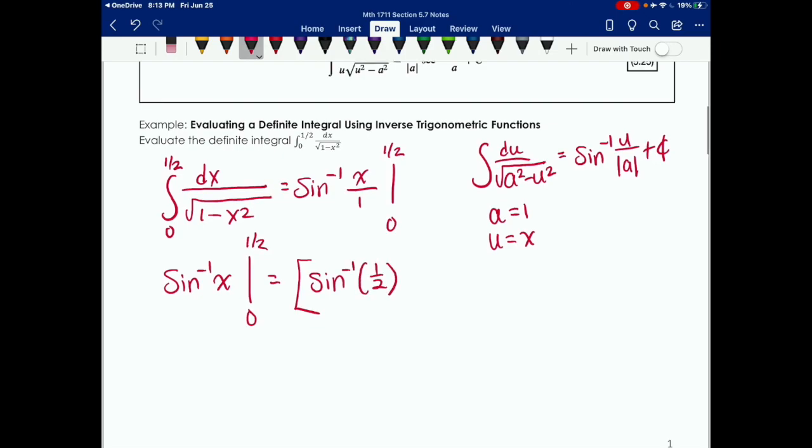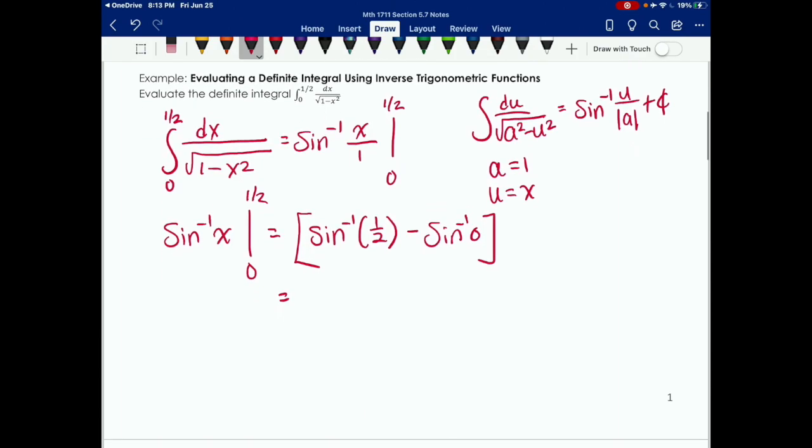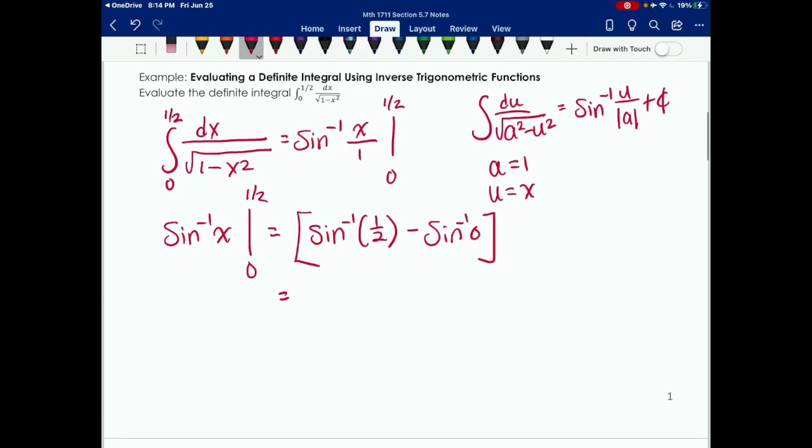So now I'm going to evaluate this. I'm going to take the inverse sine of 1/2 minus the inverse sine of 0. Now remember, with the inverse sine function, we restrict the range from minus pi over 2 to pi over 2.